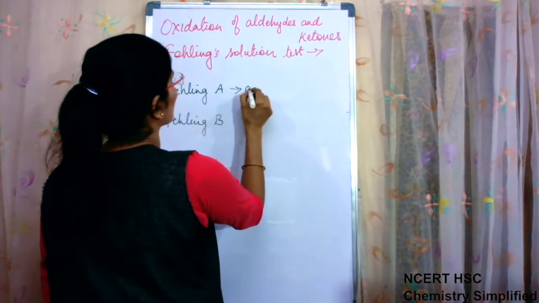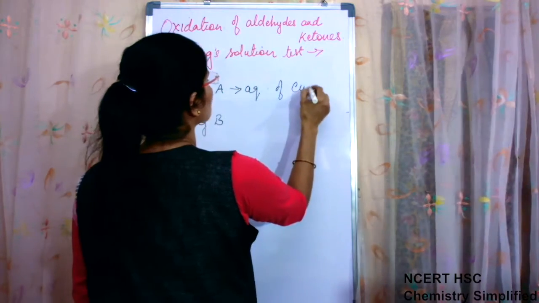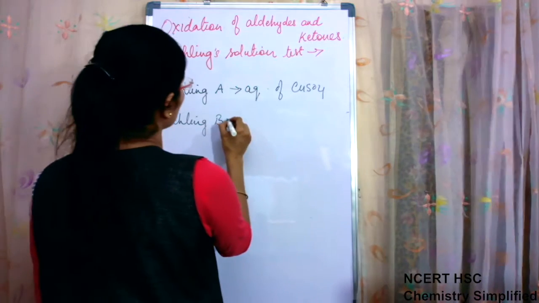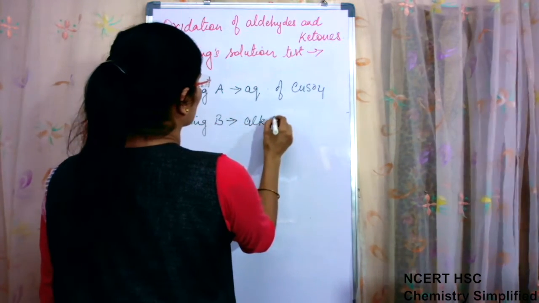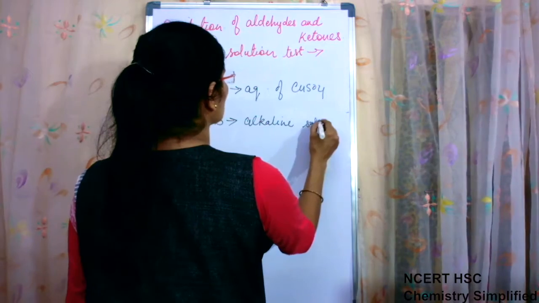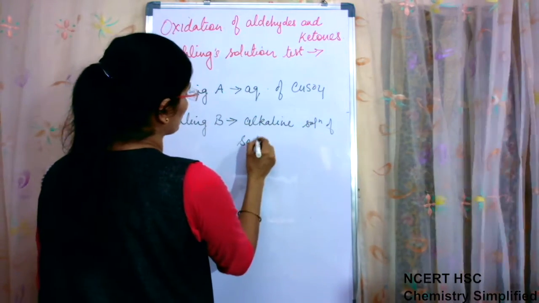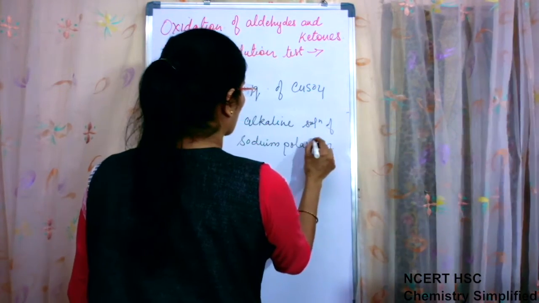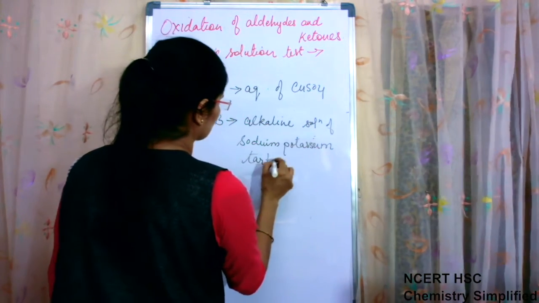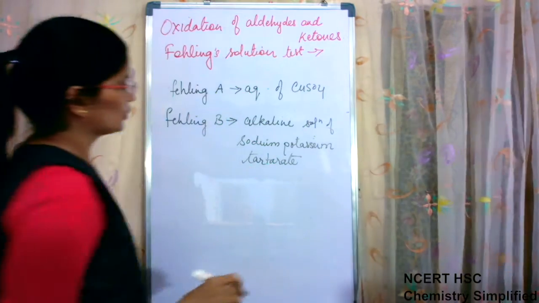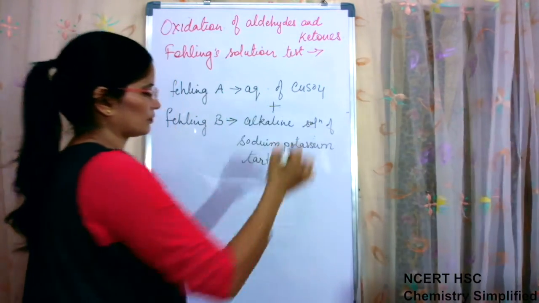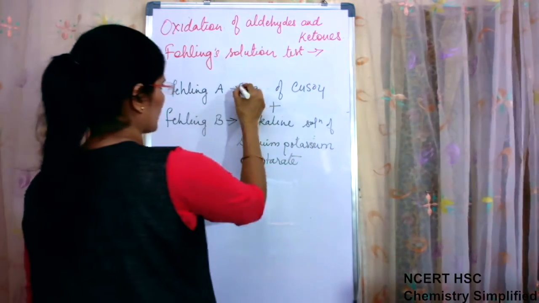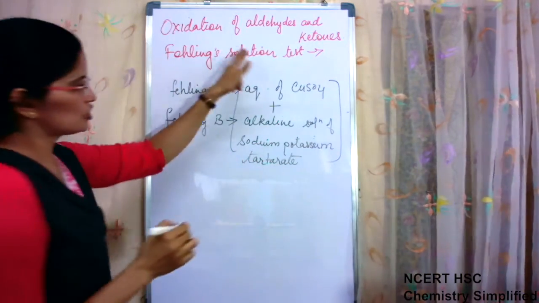Fehling A is an aqueous solution of copper sulfate, CuSO4, and Fehling B is an alkaline solution of sodium potassium tartrate. A combination of these two is used as Fehling's solution.